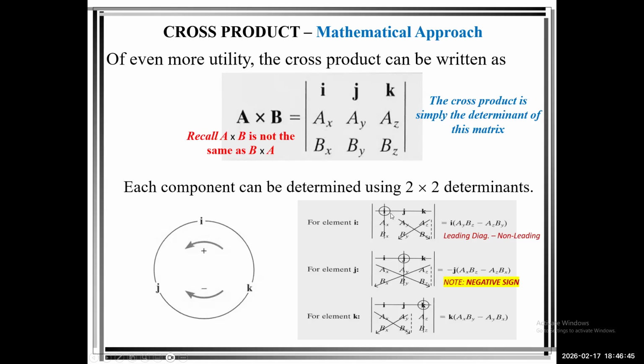So we exclude the first row and first column, and then we go here first. For the leading one, we go AY times BZ, sorry, that's BZ. All right, so you go here first, and then secondly you come AZ times BY. So you know this is minus, and that is a positive. Always a positive. So remember that. I is a positive. In the second one, this is positive, this is minus, this is positive.